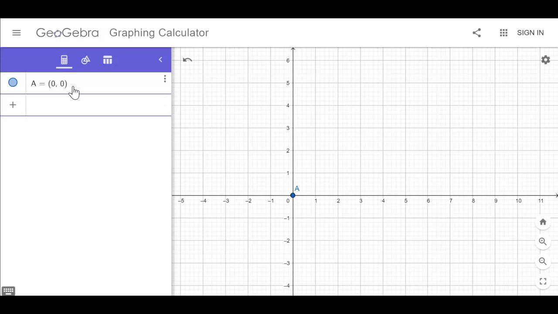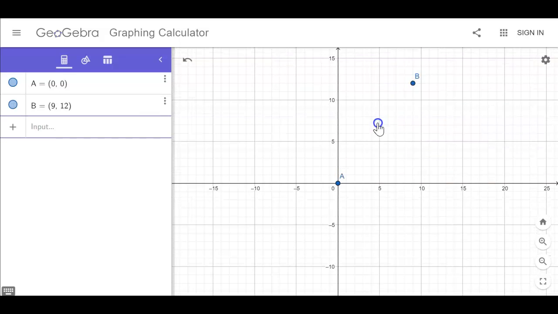Actually, sorry, let's go with 9, 12. My 1 button has been sticky lately. So 9, 12. We can't quite see it, but there it is.